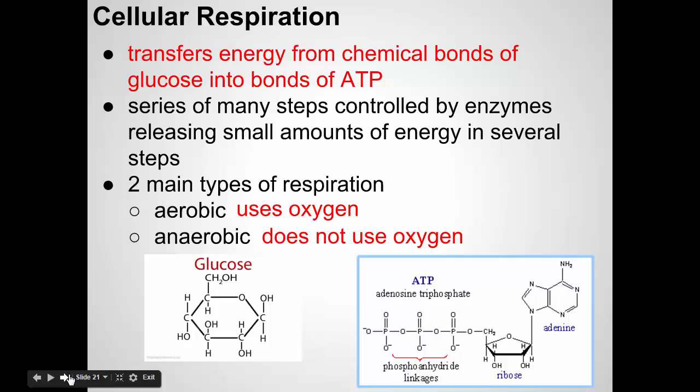Remember we had, what is adenine? Adenine's one of the nitrogenous bases. What is ribose? A sugar. What else do we have here? Phosphate. So we have phosphate, sugar, nitrogenous base. Basically, we have a nucleic acid.